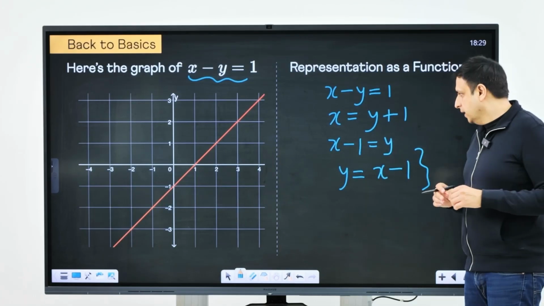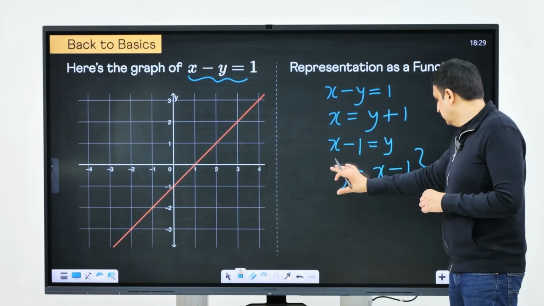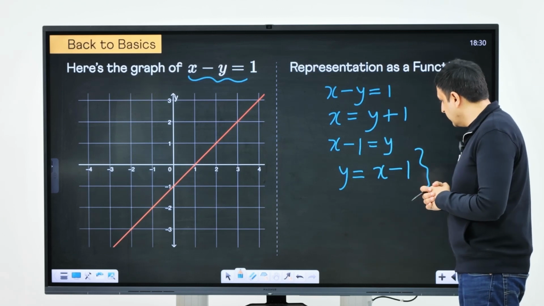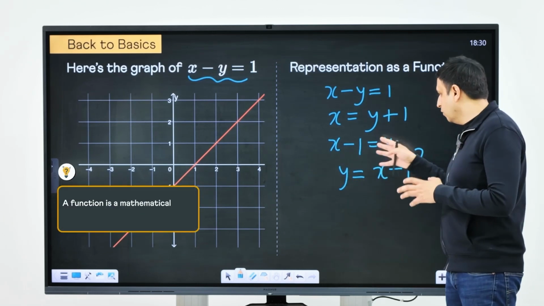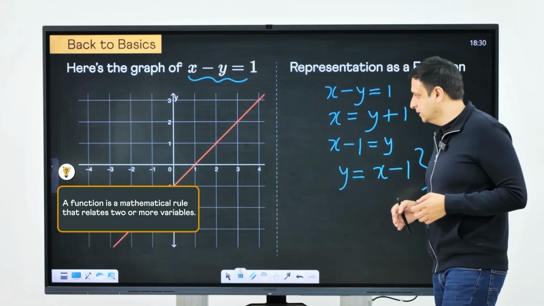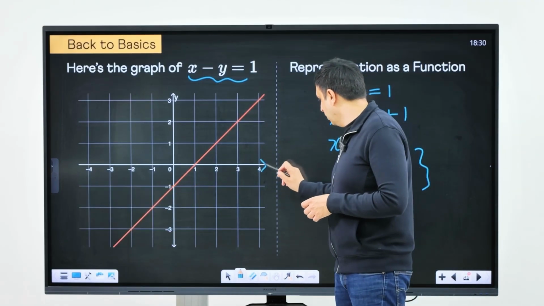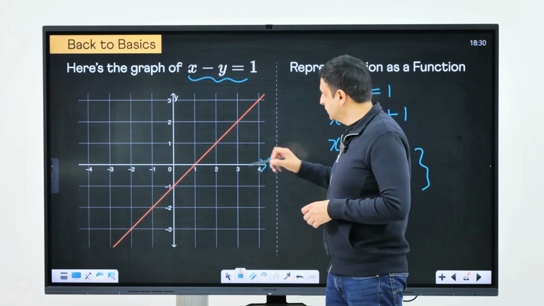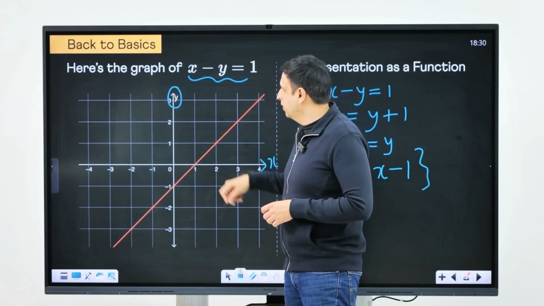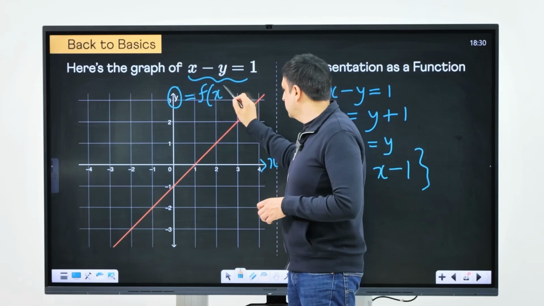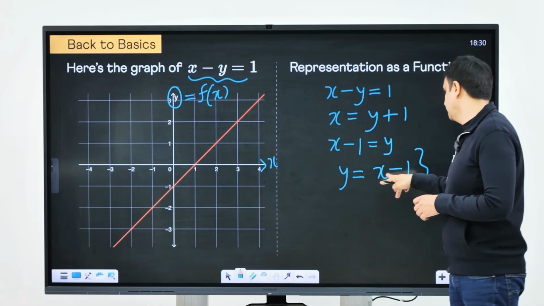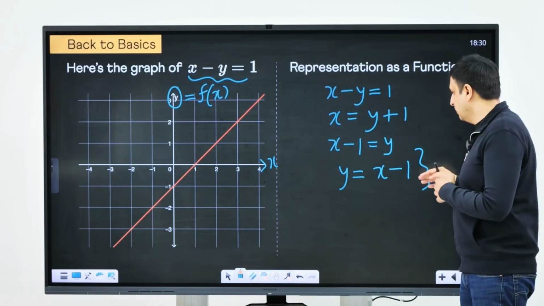Now here's the thing, if you think of this equation as expressing y in terms of x, you can think about y being a function of x. So if x is your independent variable plotted on the horizontal axis, y is your dependent variable plotted on the vertical axis. So y is in a sense a function of x, and the definition of that function is x minus 1.